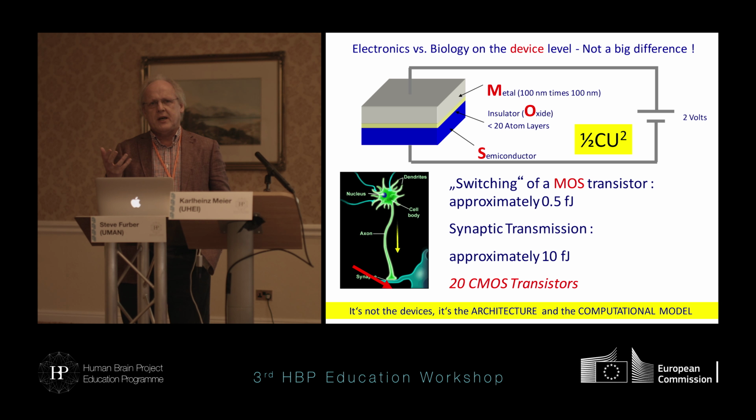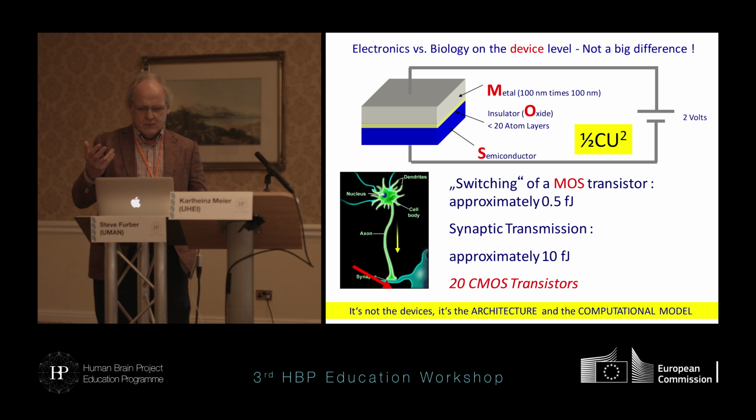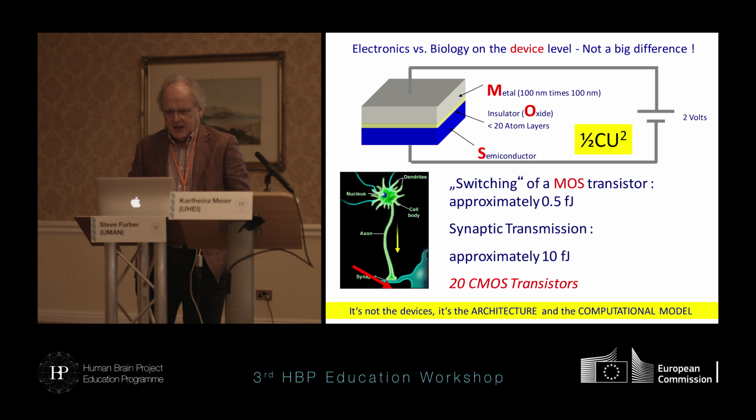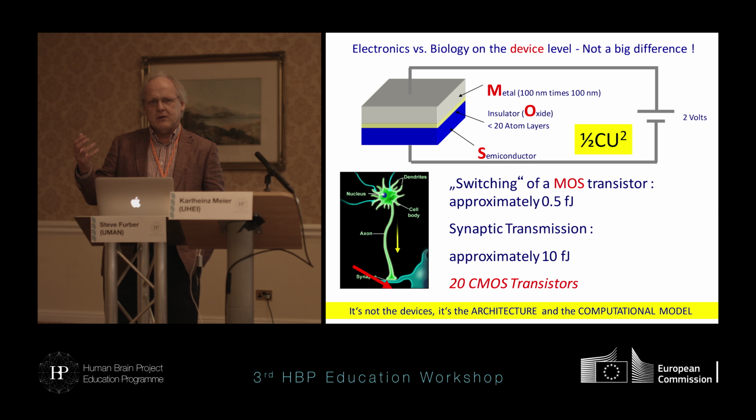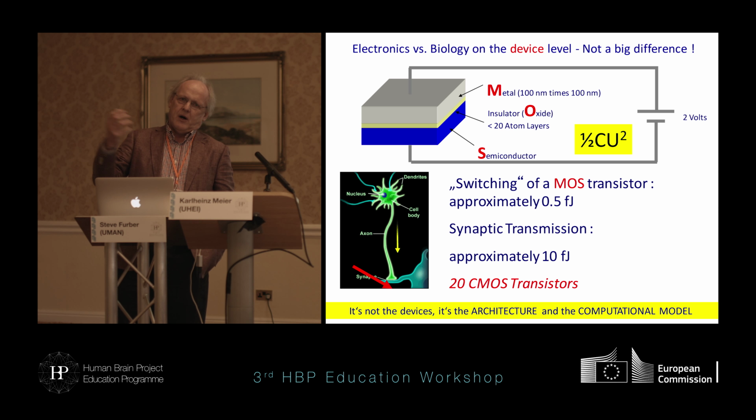So why are these computations so inefficient? What's happened between the basic device and the computation? And the answer is, of course, quite a lot has happened, and it's to do with the architecture of the machine that we use to engage these transistor switches and the computational model we use at the high end.